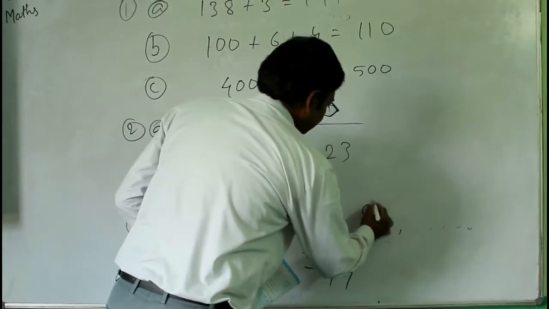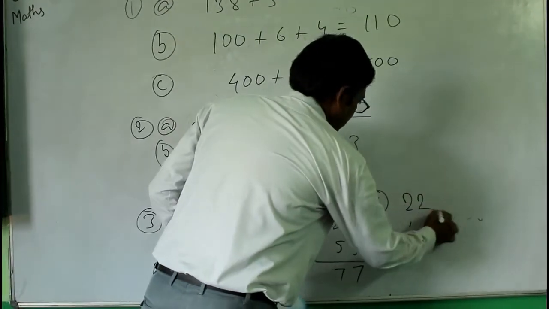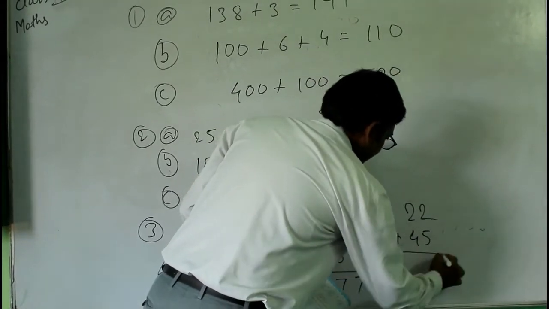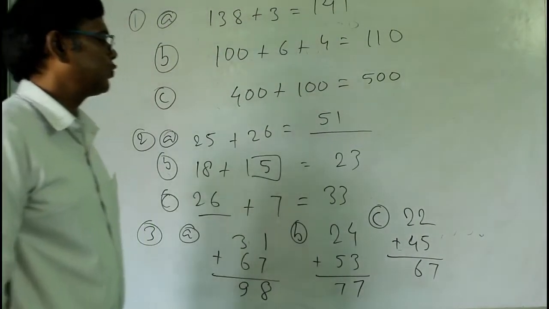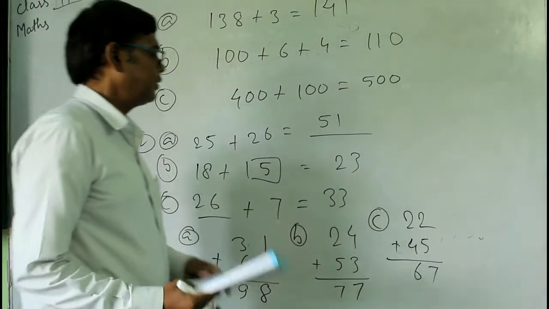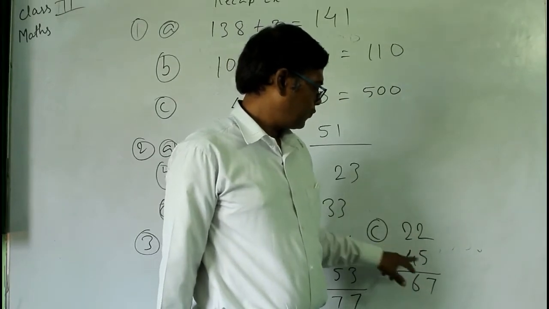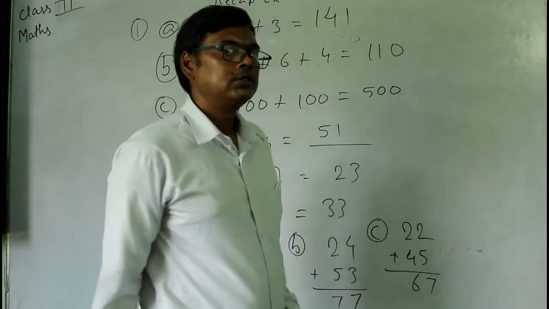Then you have C here 22 plus 45. It is 7 and 6. 5 plus 2 is 7 and 4 plus 2 is 6. So answer is 67.